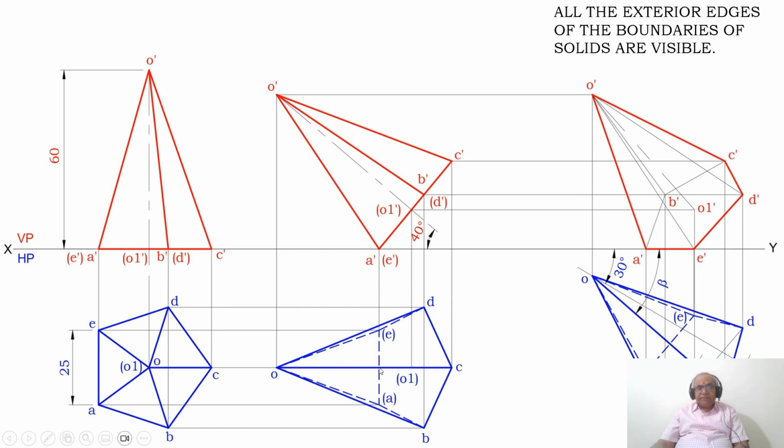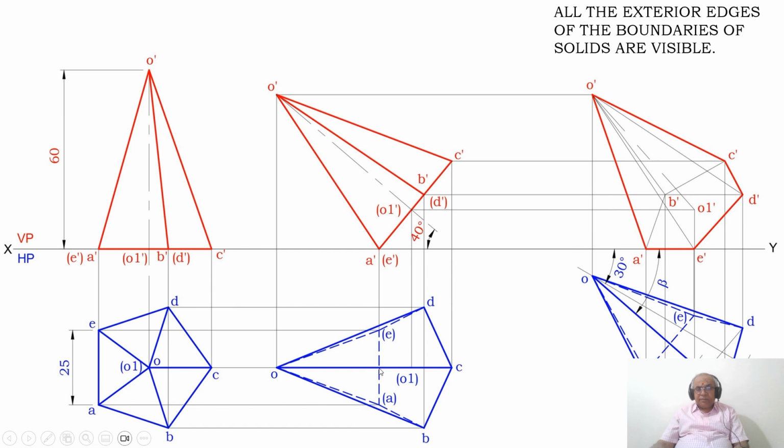Then you measure the distance from this point to A and also from this point to A. Both are going to have equal distances, and transfer by holding the compass at this point. You take that radius from this point to E and transfer it from this point onto that E.